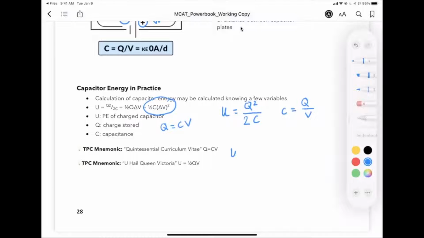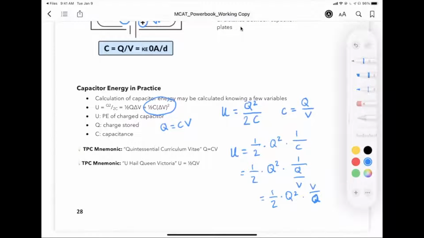So we can rewrite this equation to be, I'll separate everything out, 1/2 times Q squared times 1 over C. And that's just 1/2 times Q squared times 1 over Q over V, which is really 1/2 times Q squared times V over Q, right?